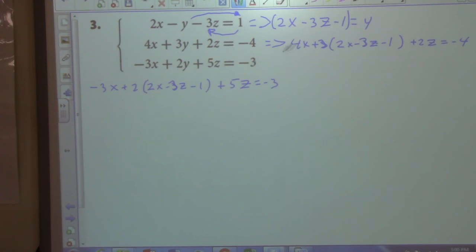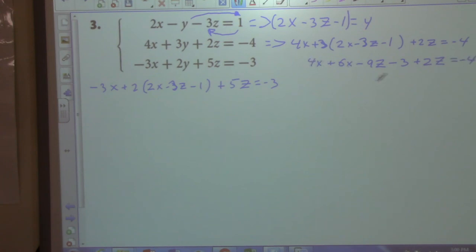Okay. Do you need me to keep working up here, or a little bit? I'll just get these ones worked down, because here we have 4x plus, that's 3 times 2x, that'll be 6x, and 3 times negative 3z is minus 9z, and then 3 times negative 1 is minus 3, plus 2z is equal to negative 4.